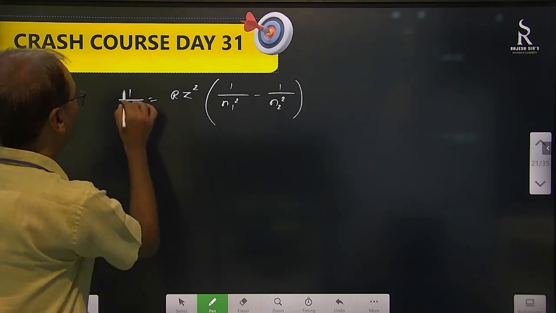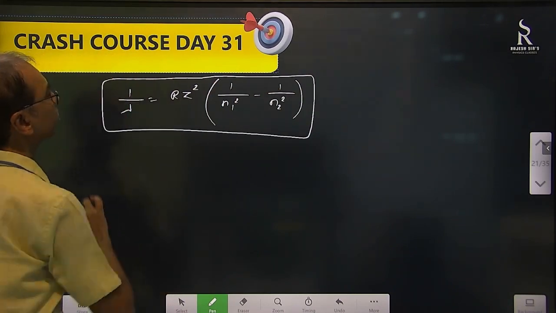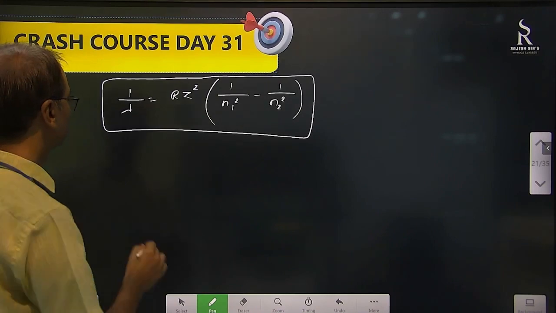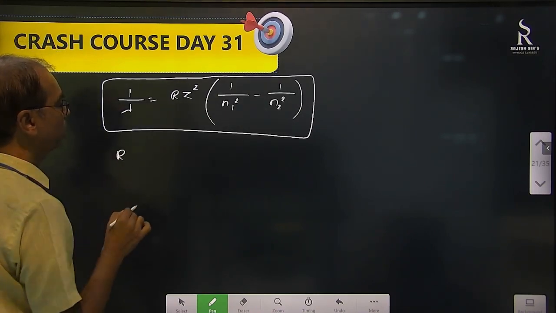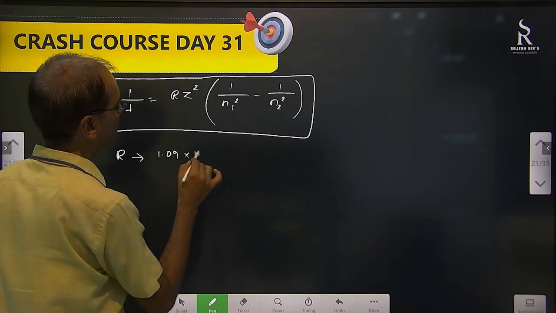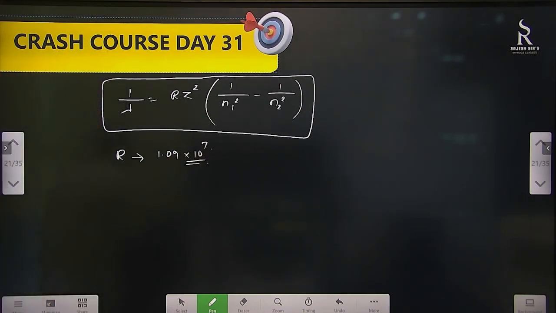This is the direct formula. In this one I don't have to convert electron volts and other things, but this R is there. What is this R value? It's 1.09 into 10 to the power 7 per meter.